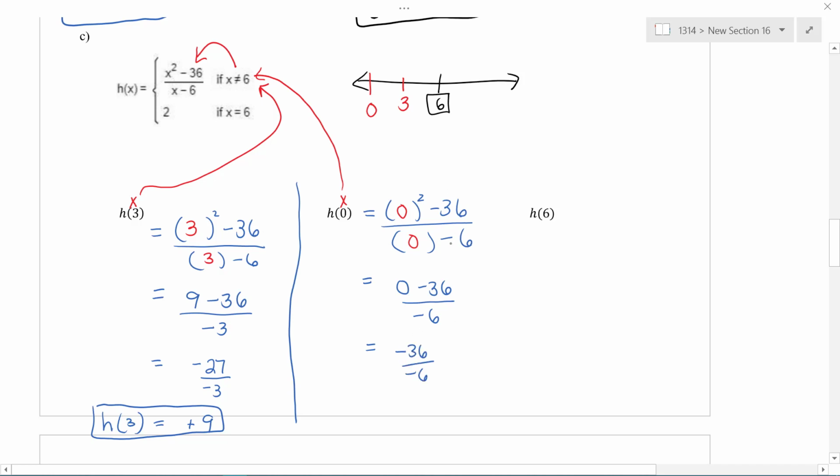So I've simplified the top and the bottom of the fraction separately. And now that I've simplified them as much as I can, I can see if there is something I can do to simplify that fraction overall. A negative divided by negative is a positive. 36 divided by 6 is a positive 6. So when we plug a 0 in place of x in function h, we get out a positive 6.